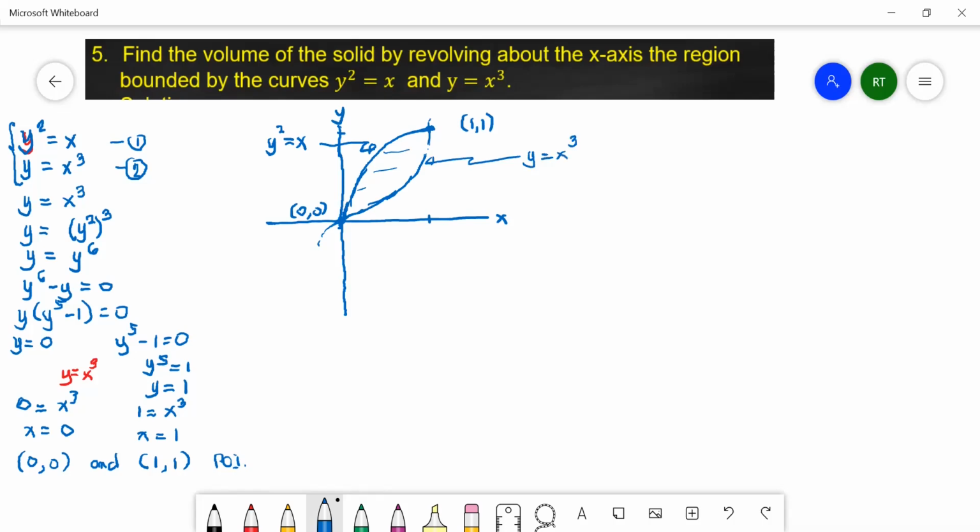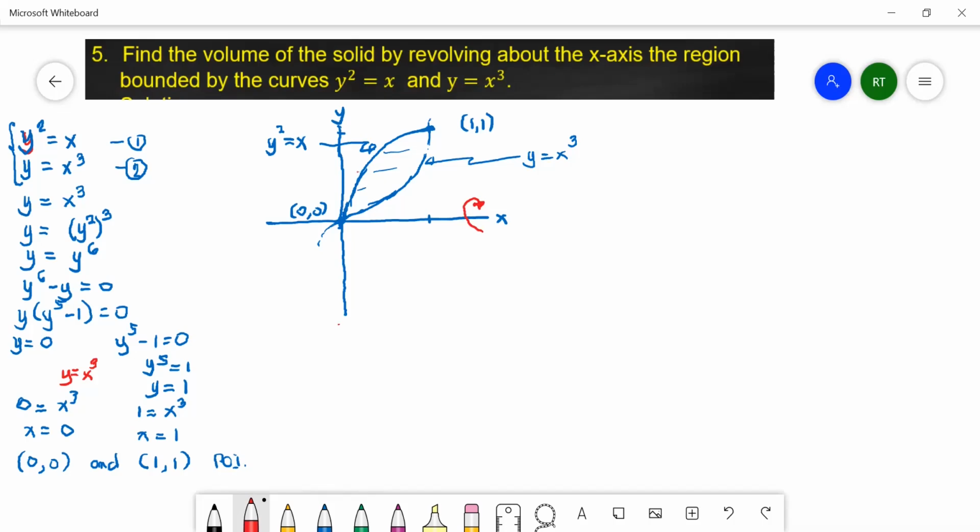Now, the axis of revolution is the x-axis. So since the axis of revolution is the x-axis, then we have to use an element which is perpendicular to the x-axis, since we will consider using the washer or ring method.